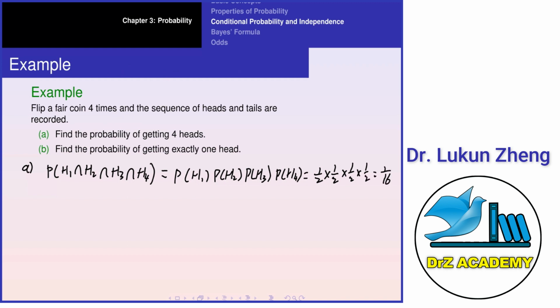Simple, right? Now part B: find the probability of getting exactly 1 head.